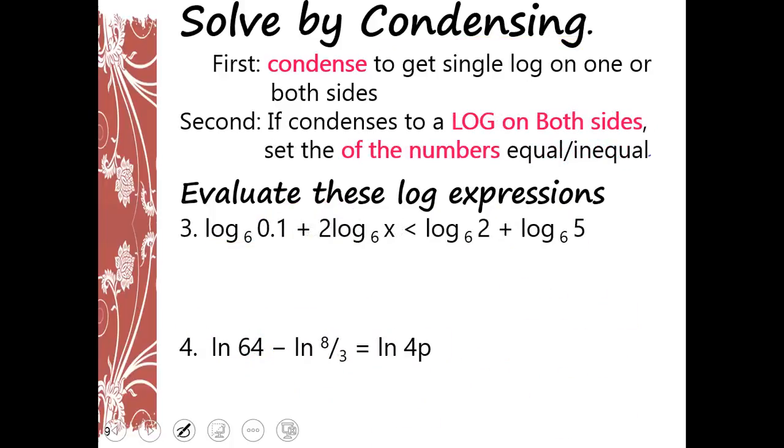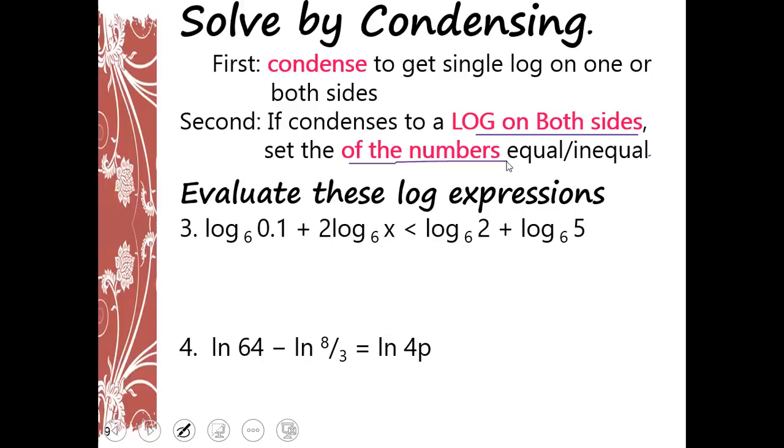We're going to keep condensing, but this time we're going to end up with a log on both sides, which means that I'm going to work with the arguments of the logs and set them equal or unequal according to the problem.